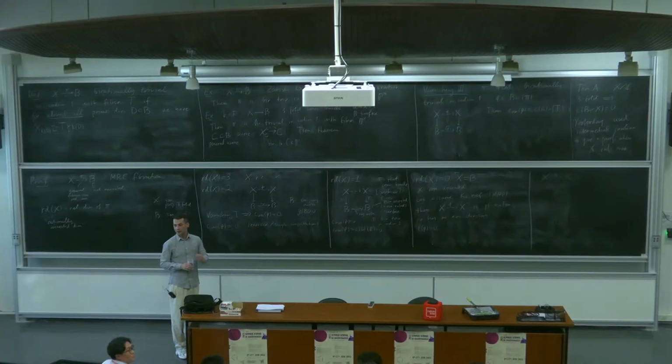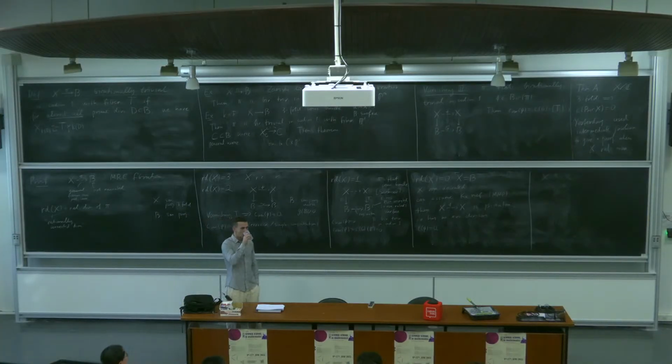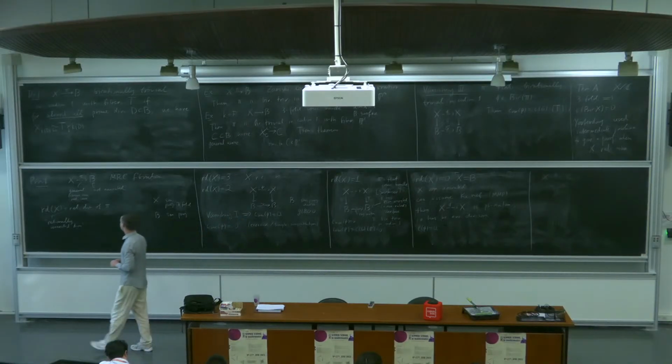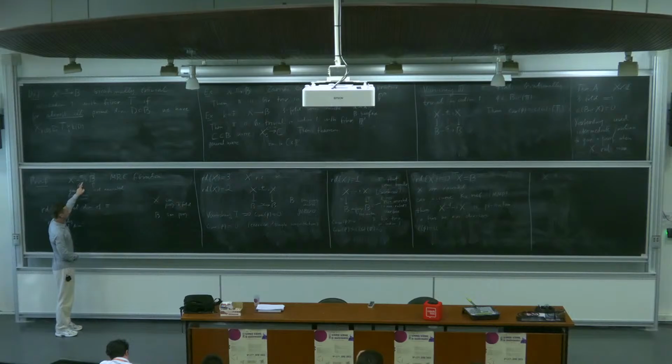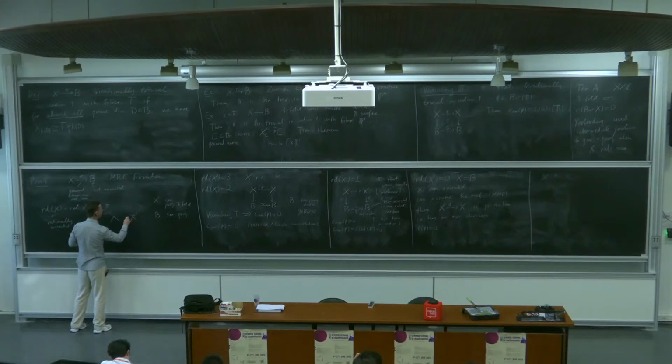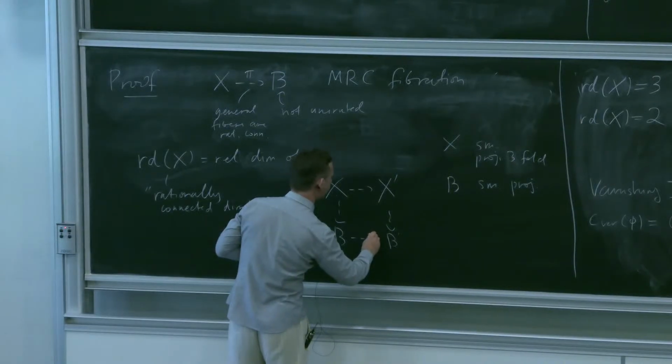Yes, that's right. I wasn't maybe very clear about this. This is functorial and canonical. If you have an isomorphism or birational map between X and another variety, and you look at the rationally connected MRC fibrations on the two sides, you get a squared birational map.